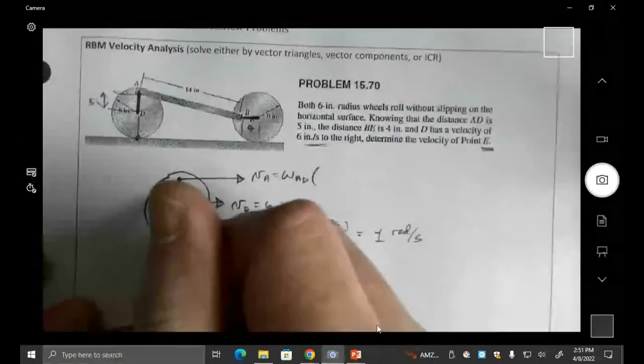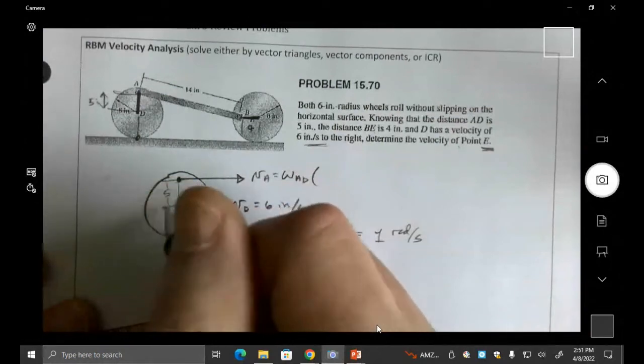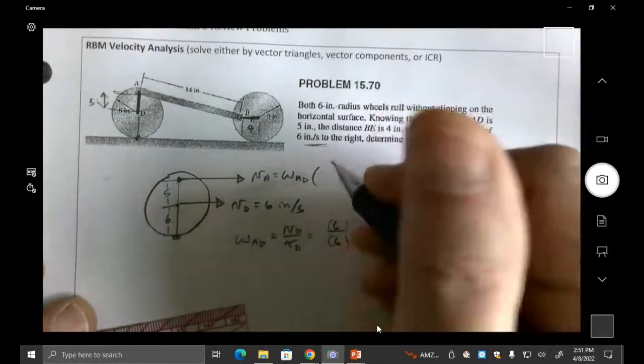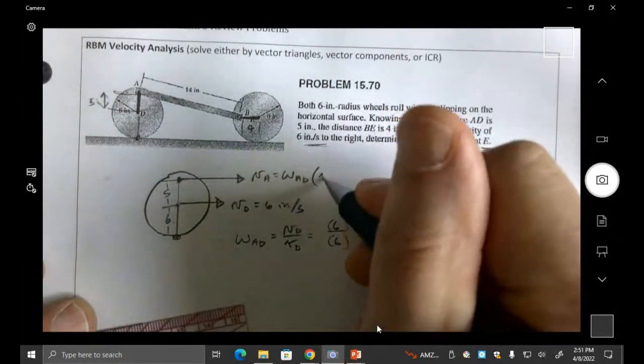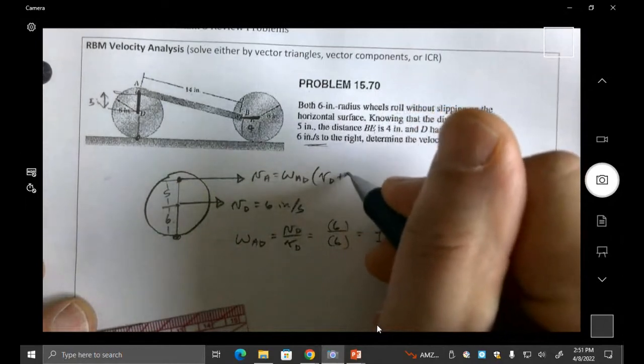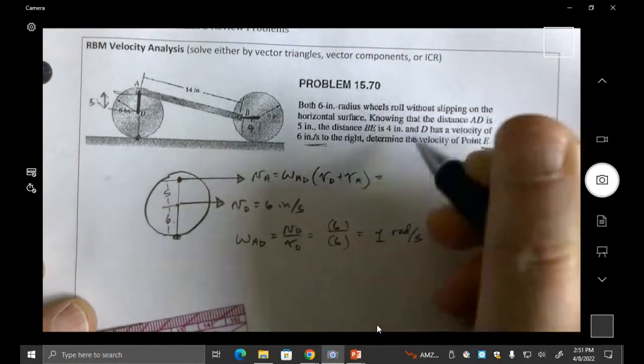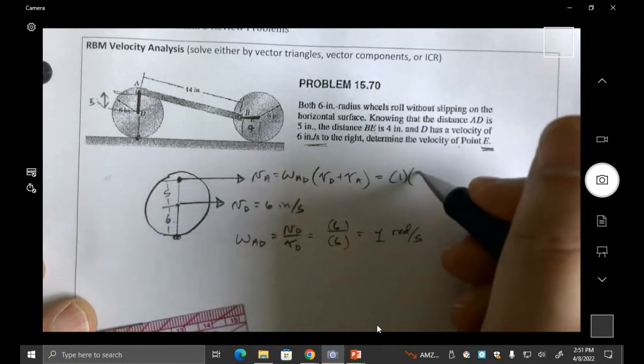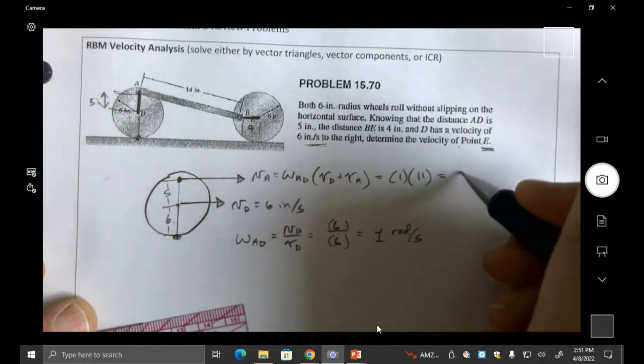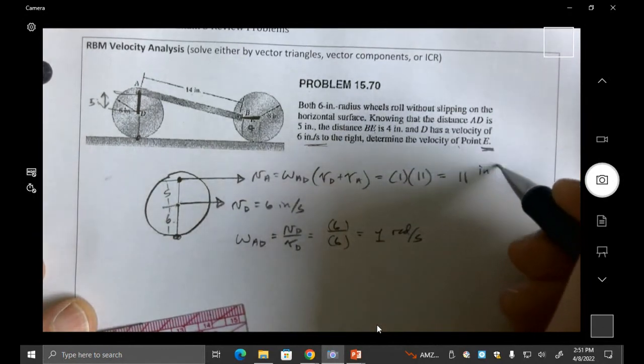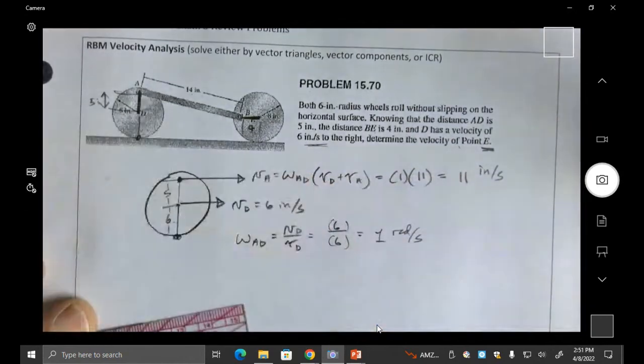So that's 6, but here is 5 up to there. I don't know what to call that. Call it RD plus RA, whatever. Times 1, and this is going to be 11. So 11 inches per second is the speed of A.